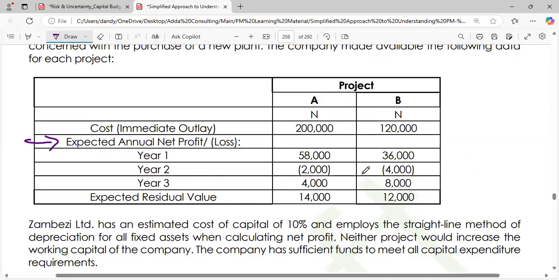When you want to convert profit to cash flow, you add annual depreciation to the annual profit or loss. So the first working should be the depreciation. You calculate depreciation for each year. Once you have that ready, you proceed to calculating the cash flow, which equals profit or loss plus depreciation. Once you have the cash flow ready, you can then go ahead and calculate the NPV.